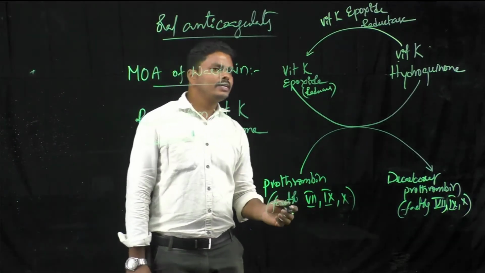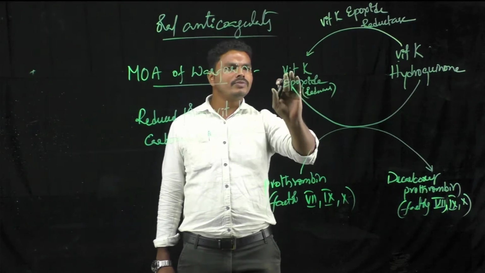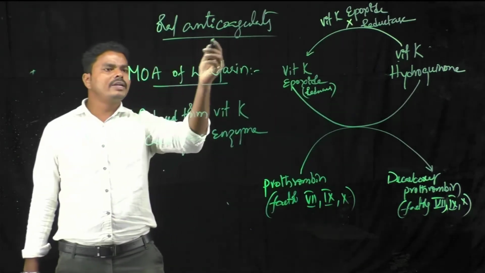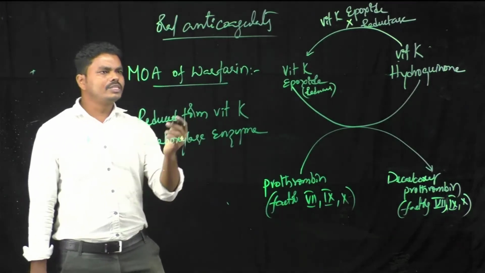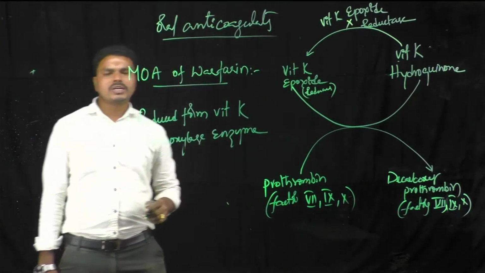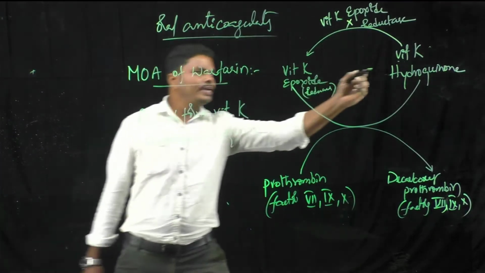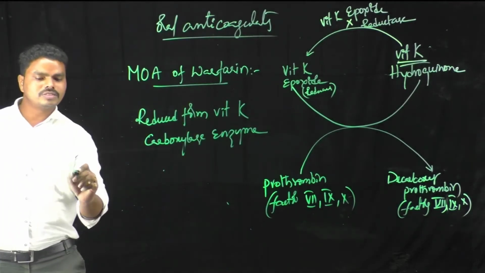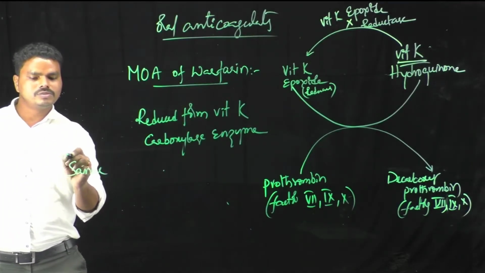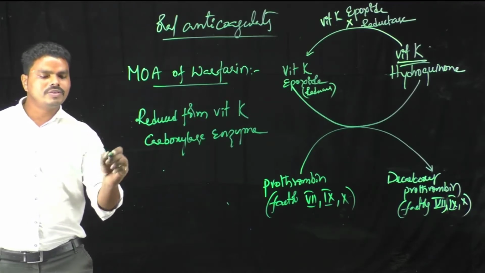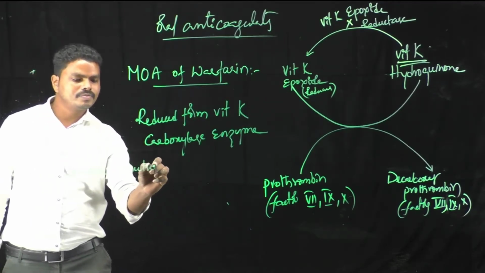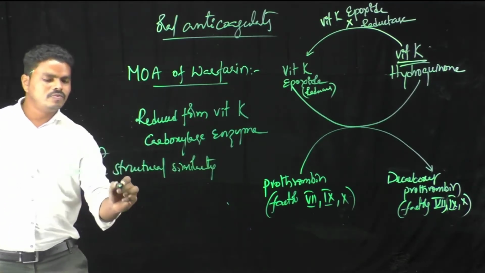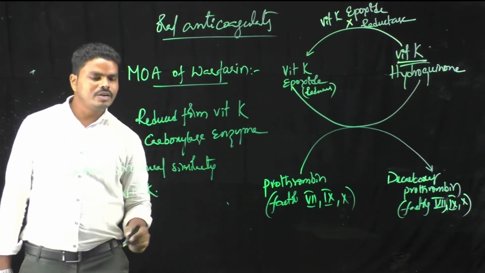But there is a prevention of the formation of this reduced form of vitamin K by inhibiting this enzyme. Here the oral anticoagulant warfarin has the same structural similarity as vitamin K. What is the vitamin K structure?